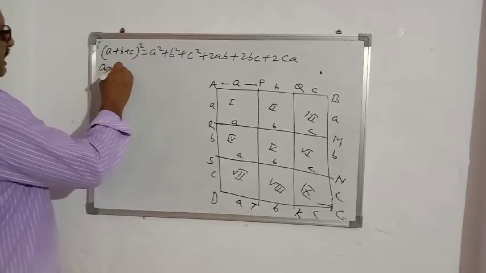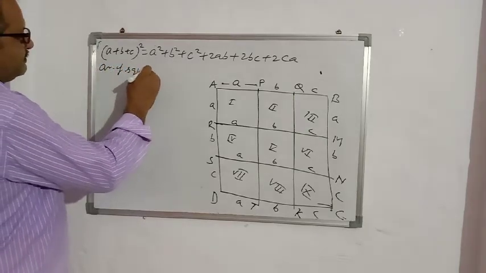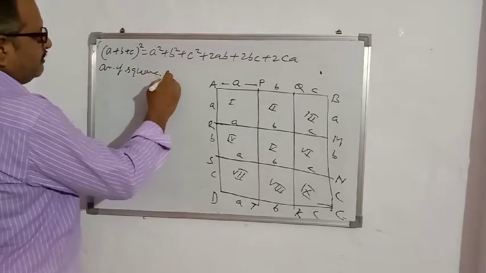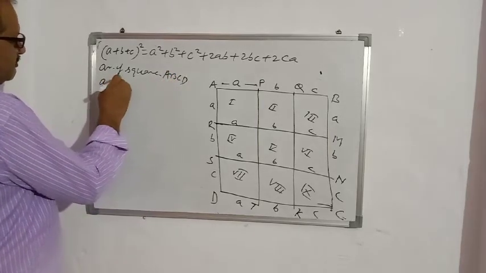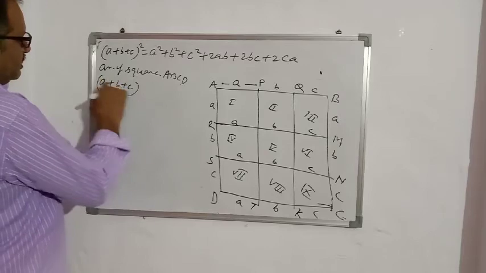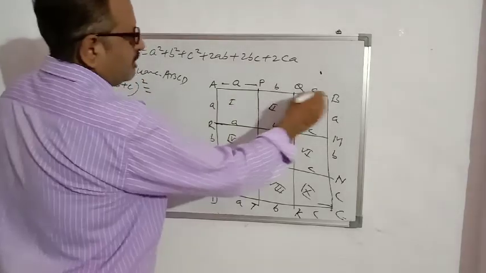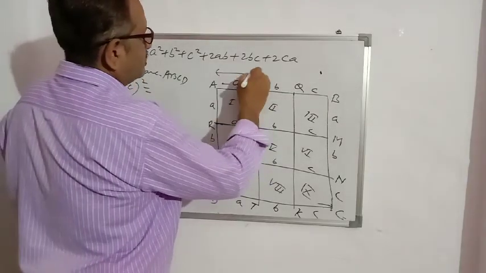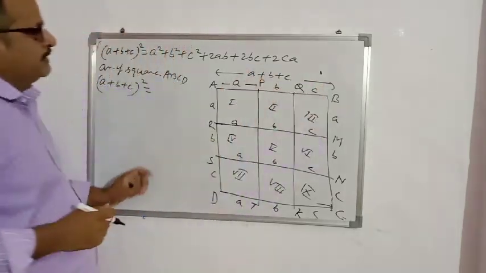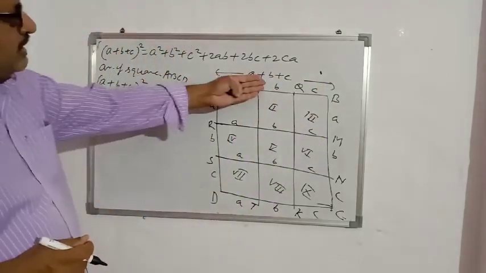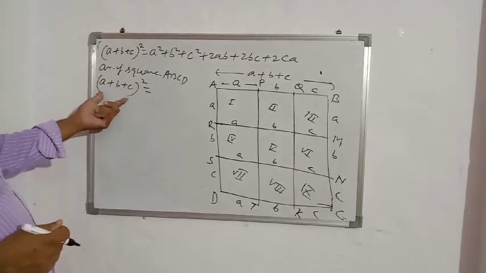So we can write the area of square ABCD. It is what? It will be A plus B plus C whole square, because one side of the square is A plus B plus C. So the area of the square, we know that side square, so A plus B plus C whole square.